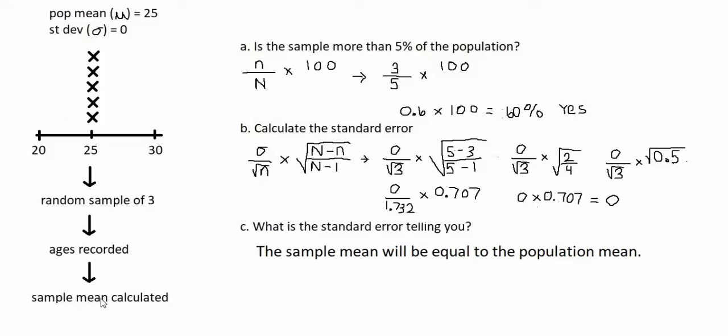So the sample mean has to be 25, and there's no chance for any sampling error at all. And if there's no chance for any error or any inaccuracy, the standard error, or standard inaccuracy, has to be 0.